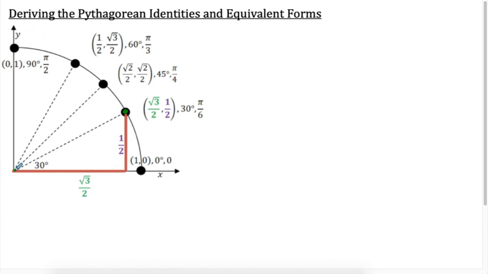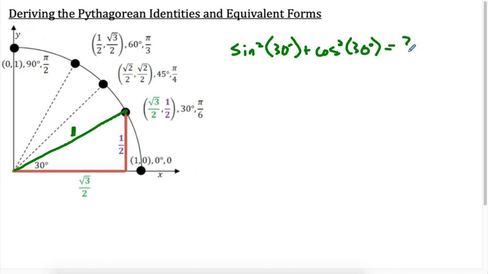And since this is the unit circle, the radius is 1, so that means that hypotenuse is 1. So if we think about that first identity, and we say sine squared of 30 degrees plus cosine squared of 30 degrees, let's find out what that equals.